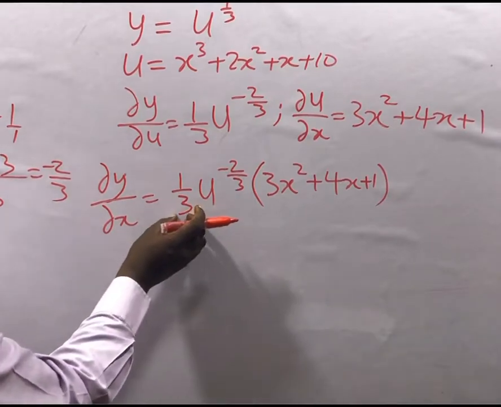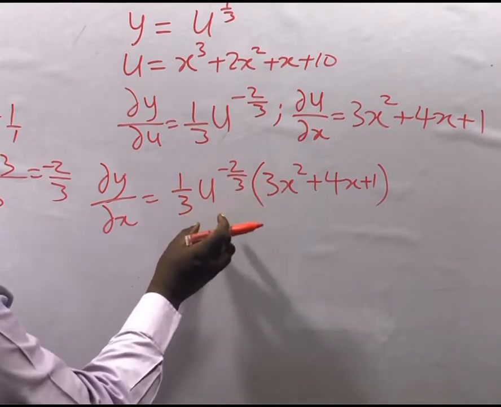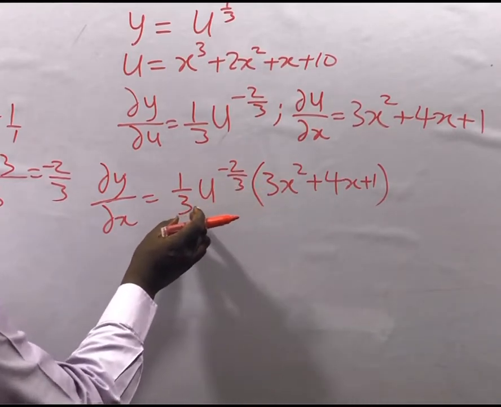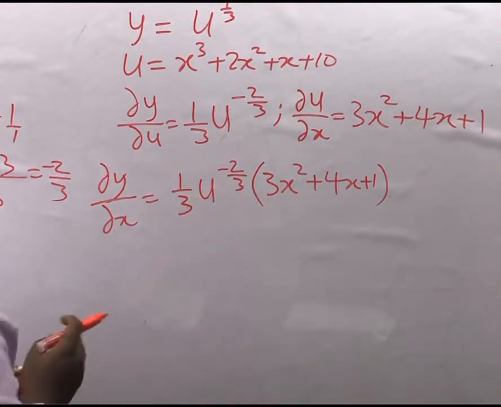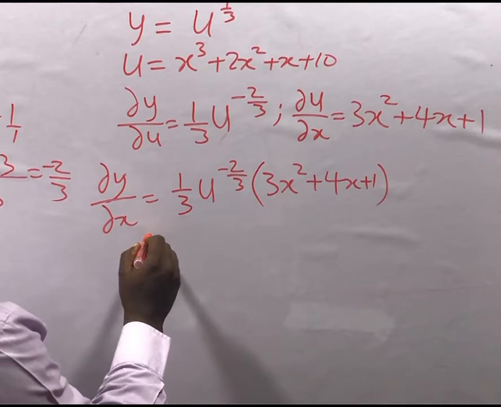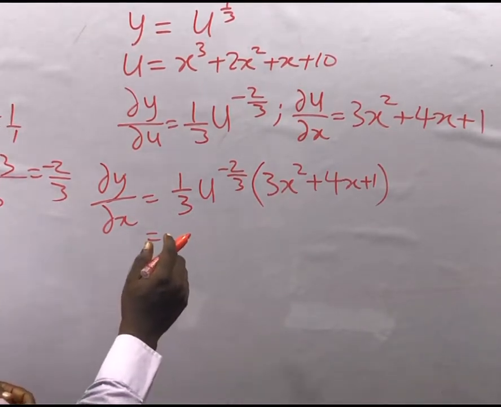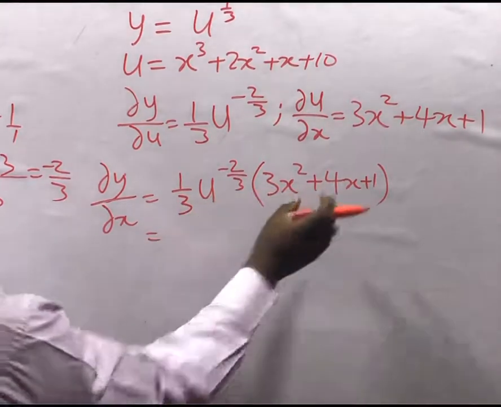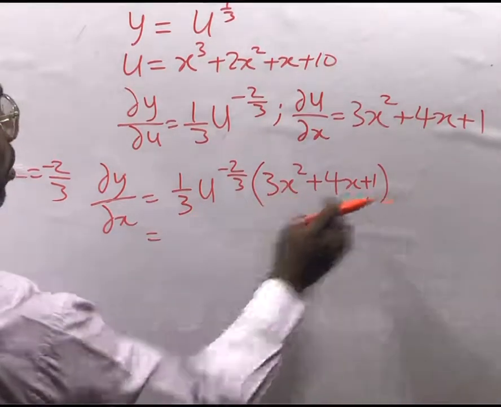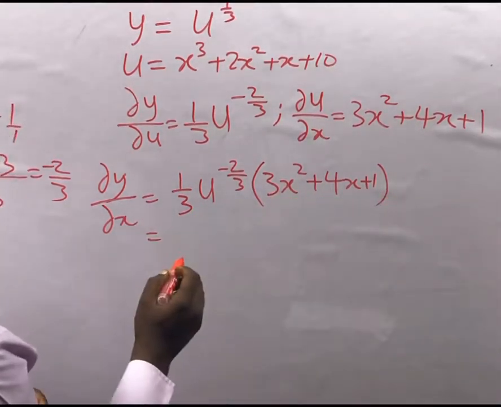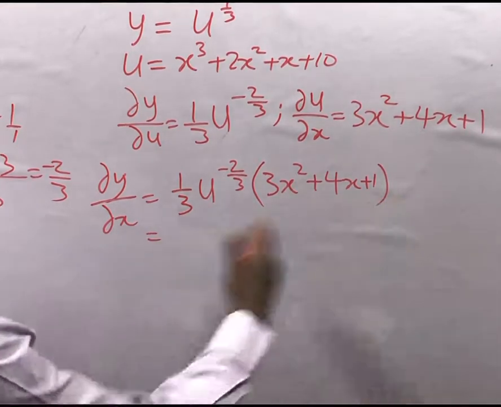We have this on its own, standing on its own, and this one is already attached to this. So we can multiply this by this value and leave our answer with what we have here. So we are going to multiply this by this value first of all. Let's write out everything.